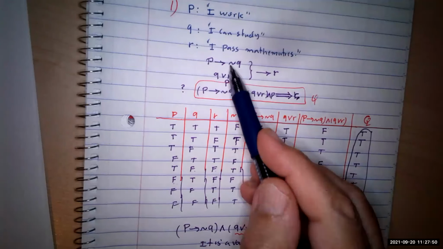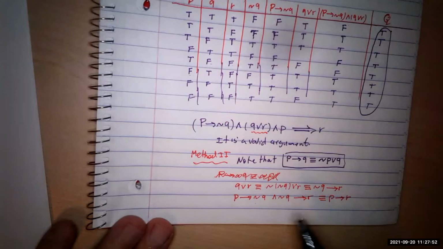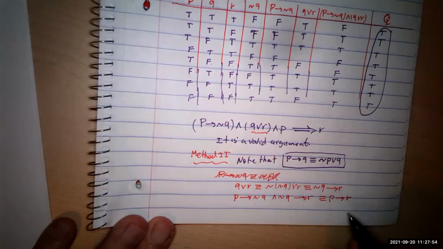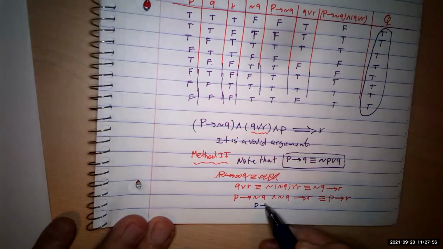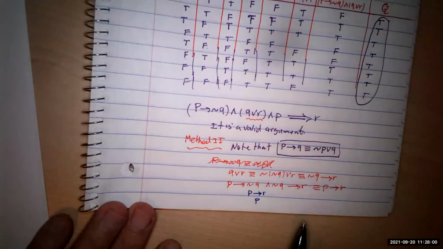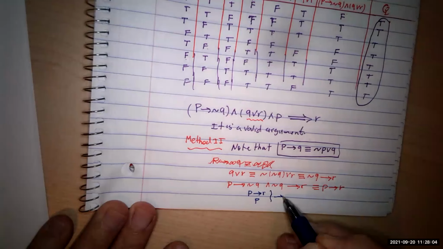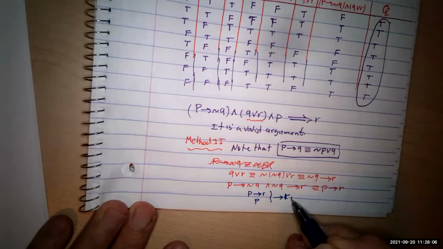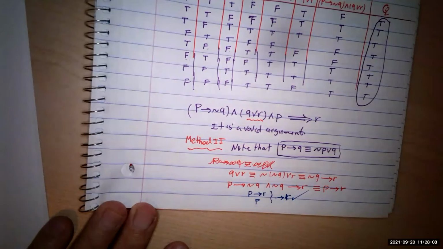If you give me P, I give you the R. I've already given you the P, so I have the R. And that gives you the result right away.